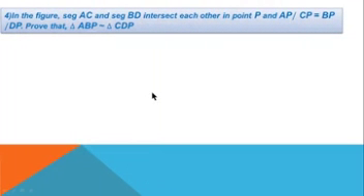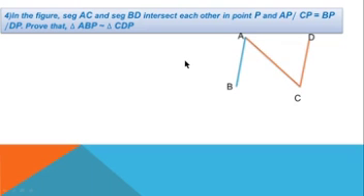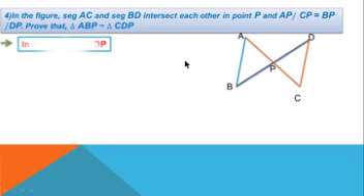Example number 4. In the figure, segment AC and segment BD intersect each other in a point P, and AP divided by CP is equal to BP divided by DP. Prove that triangle ABP is similar to triangle CDP. Observe this figure. Solution.